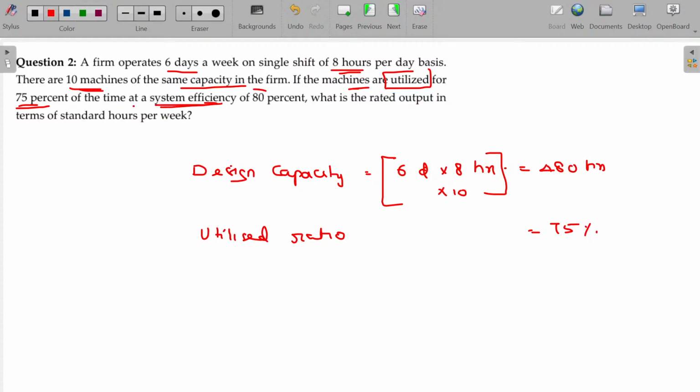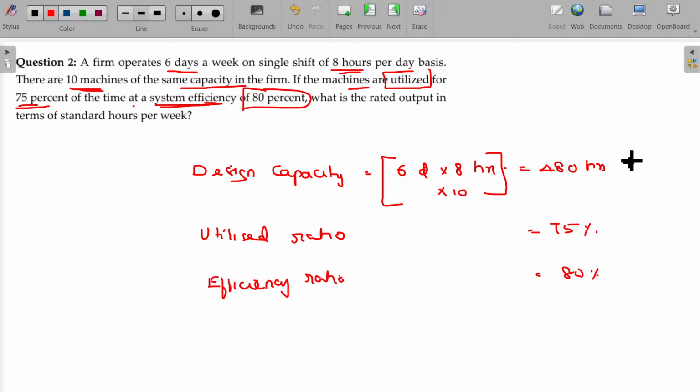And the system efficiency is 80% only. 80% means in any work, in 1 hour we are supposed to produce 100 units. Because of inefficiency, we could produce only 80 units. 20 units not produced due to the inefficiency. So efficiency ratio, which is 80%.